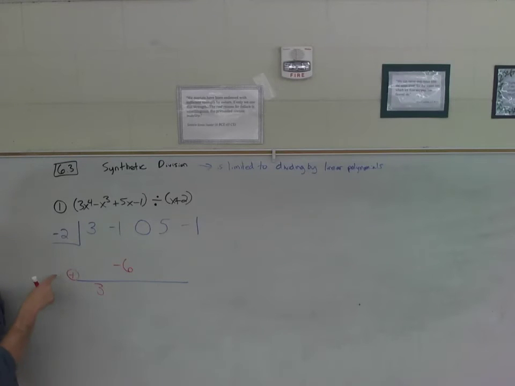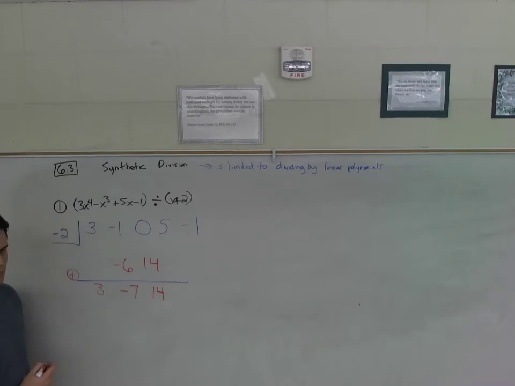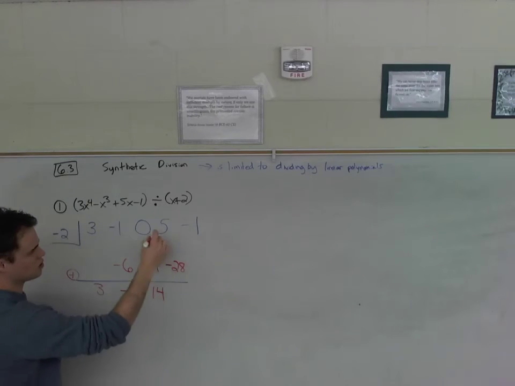And then we add, and then you repeat. So you say positive 14, and you add, and you repeat. And that's what? Negative 28. I kind of smashed this together too much.